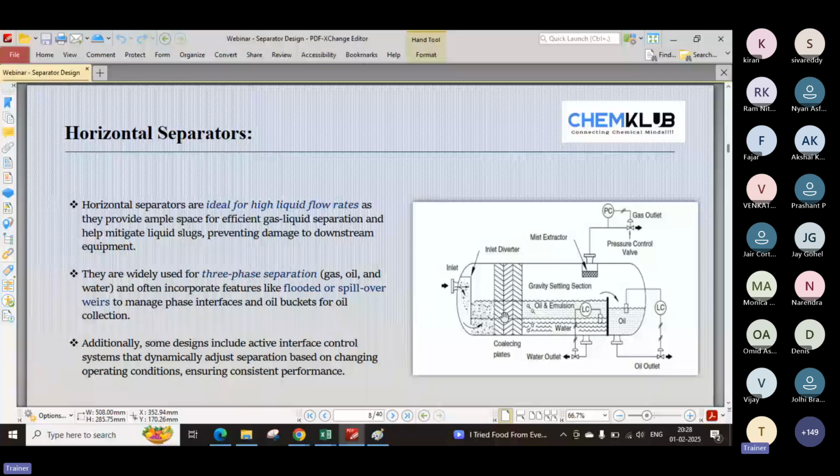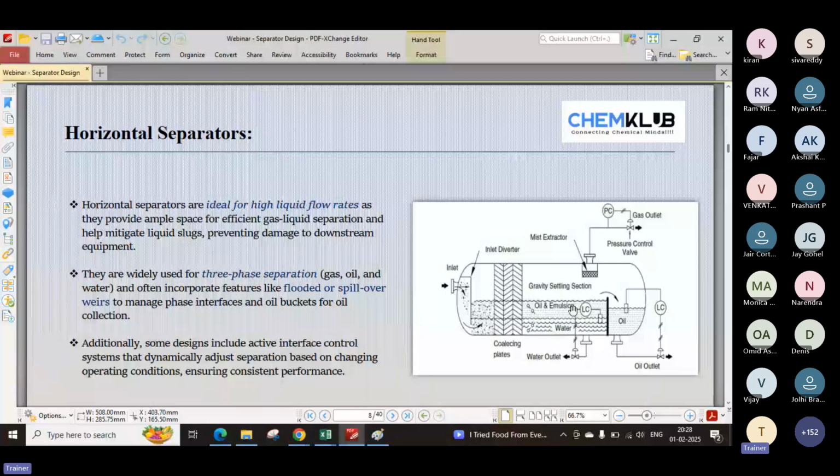You can see the oil and emulsion at the top and the water at the bottom. And this is called a weir. It creates a separation within the vessel so that the lighter part of the feed will flow over and be separated.